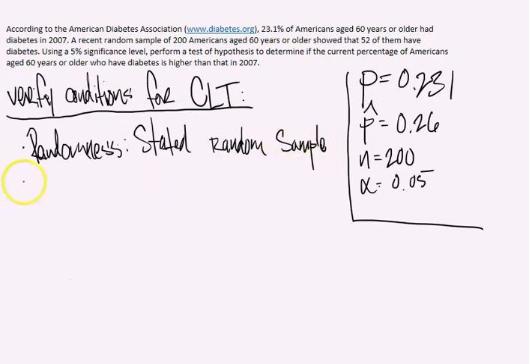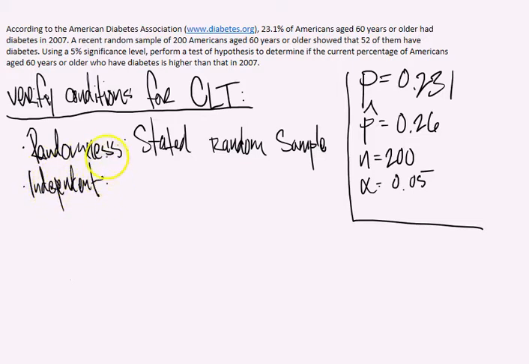Okay. The next thing that we need to have is independence, right? We're using rules of probability, laws of probability, and the ones that we use are based on independence. So I need this to be independent. The sample needs to be independent.